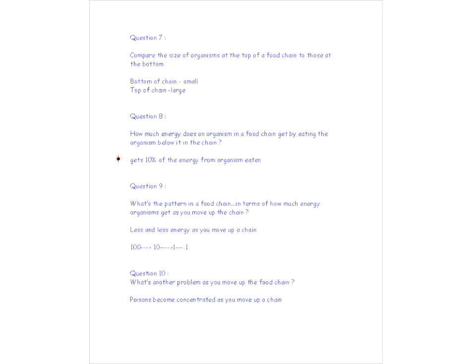It gets 10% of the energy from the organism eaten, and 90% is wasted. Question 9. What's the pattern in a food chain in terms of how much energy organisms get as you move up the chain? Well, again, you can see here that they get less and less energy as you move up a chain. In question 10, what's another problem you have as you move up the chain? Well, poisons become more concentrated as you move up the chain.